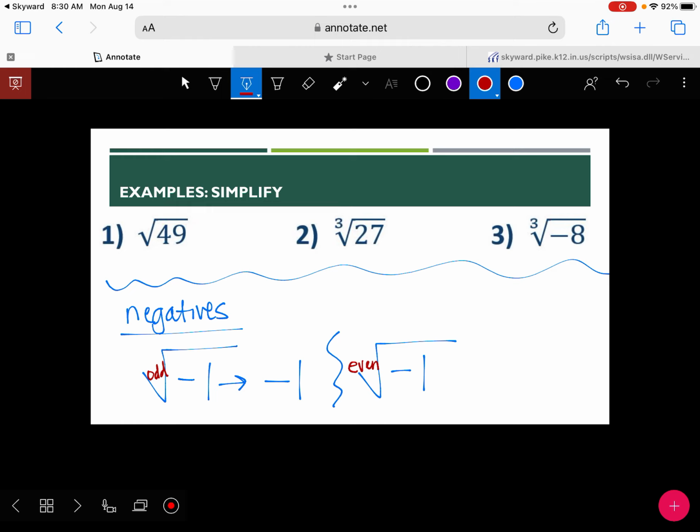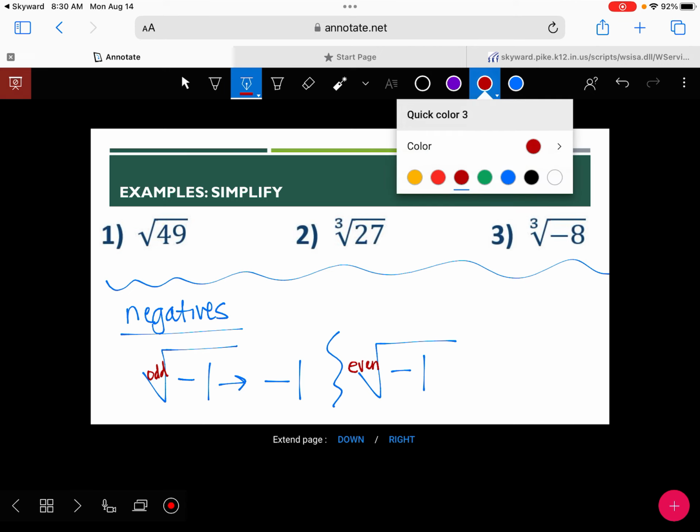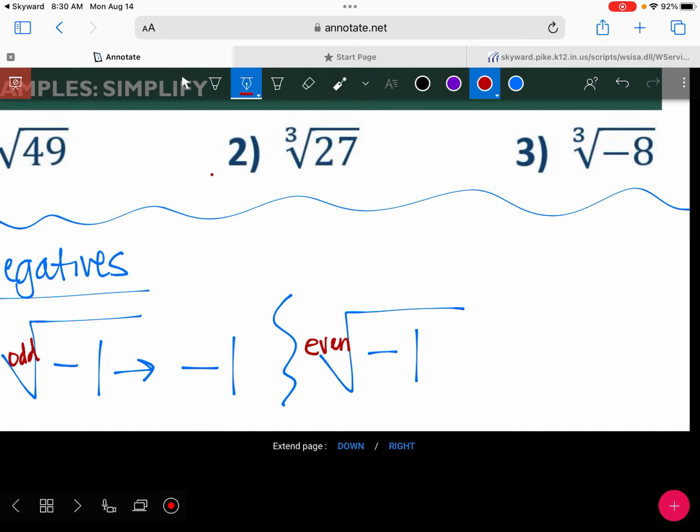So we're going to do a couple of negatives today, and then we'll finish it out tomorrow. So I wanted to talk about that. So we're just going to say this cannot be simplified, cannot simplify further. So we can simplify it if the index is odd, but we can't simplify it if the index is even.